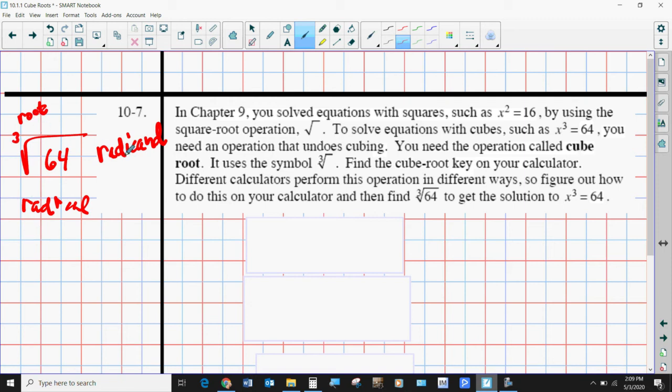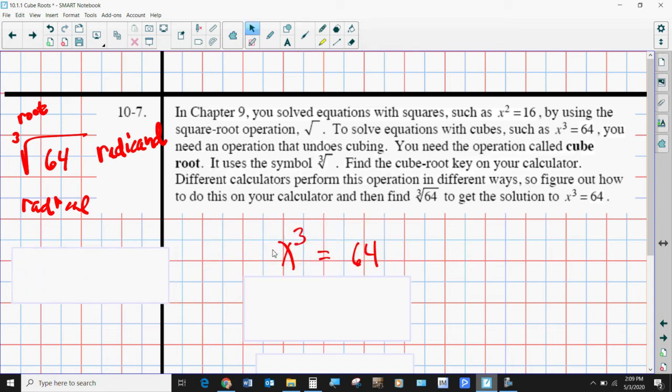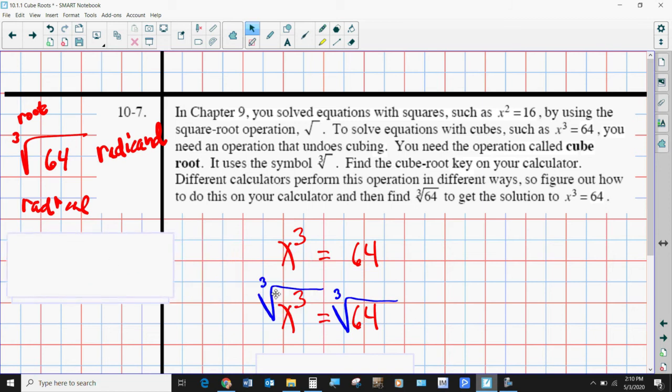Okay, so 3 vocabulary terms: the radical expression, not just a square root symbol anymore, it's a radical expression; the radicand is what you're trying to find the root of; and which root we're talking about goes in the upper left-hand corner. So find the cube root key on your calculator. Different calculators perform it differently, but we've already done this. If x to the third power is equal to 64, then we're going to take the cube root.